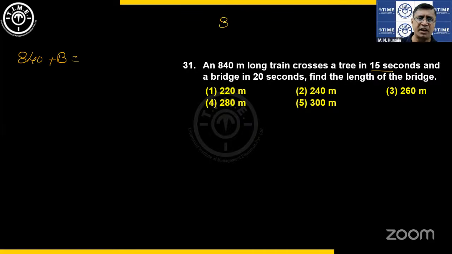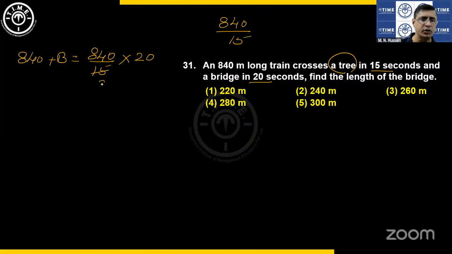What is the speed of the train? The 840-meter long train is crossing a tree in 15 seconds. What about the speed? 840 by 15. Now simplify this. What is the cancellation here? 840 by 15. How many seconds? 20 seconds.